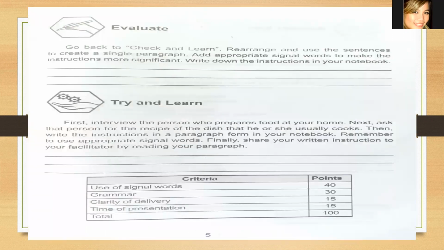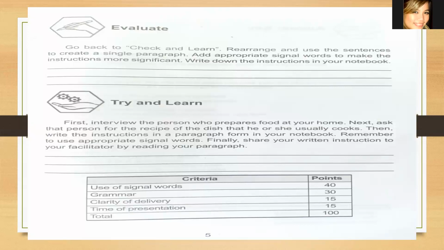evaluate. O, dingon siya dire, go back to check and learn, rearrange and use the sentence to create a single paragraph. Add appropriate signal words to make the instruction more significant. And write down the instruction in your answer sheet.